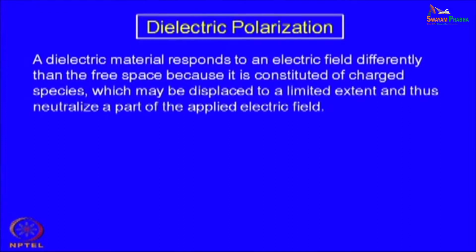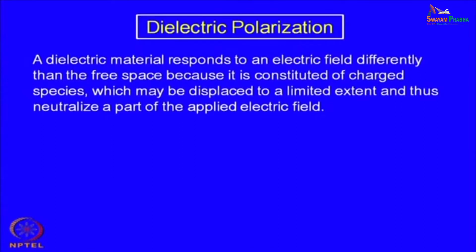Free space does not have charged species, so the permittivity is much less. Therefore, when you apply an electric field against an insulator which has charged species, some of these charged species may be displaced to a limited extent, thus neutralizing a part of the applied electric field.